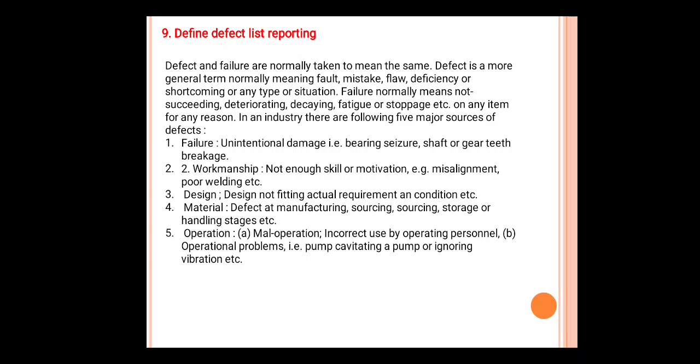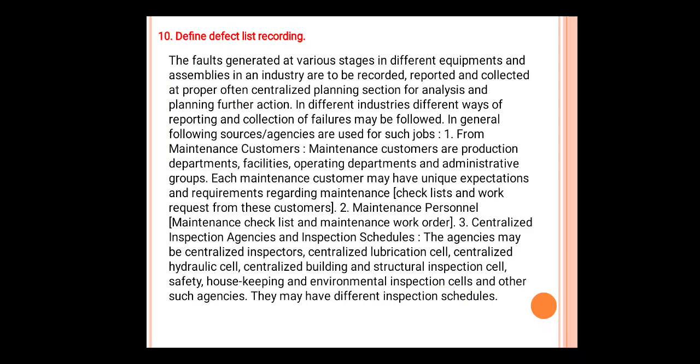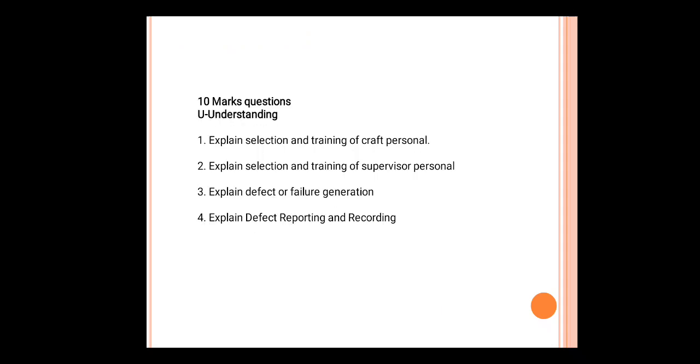Those points you have to remember and write down. This only comes by practicing again and again, that I'm telling. You have to remember all these points while writing the answers of the 10 marks questions.